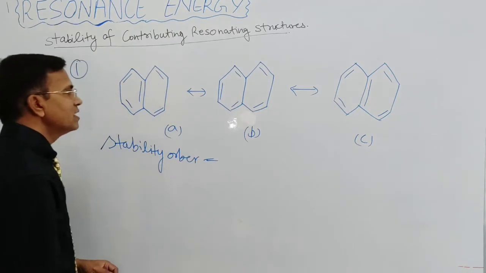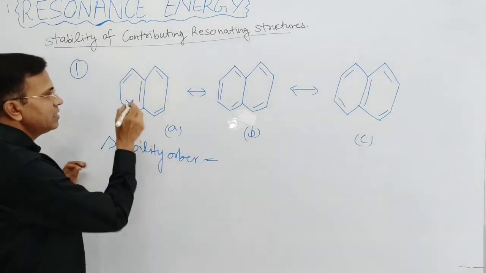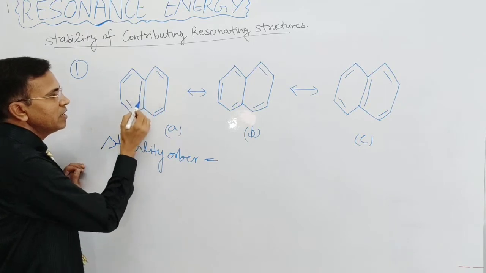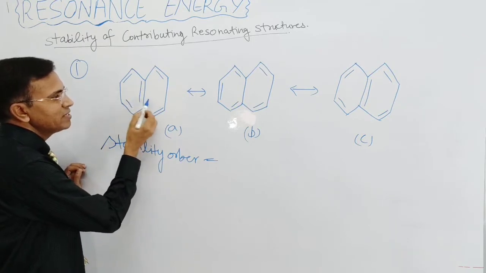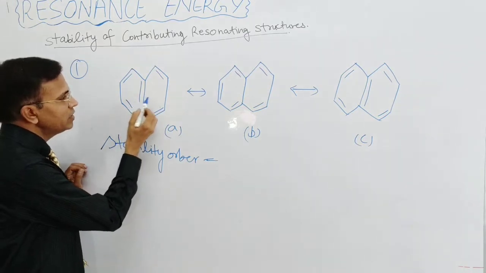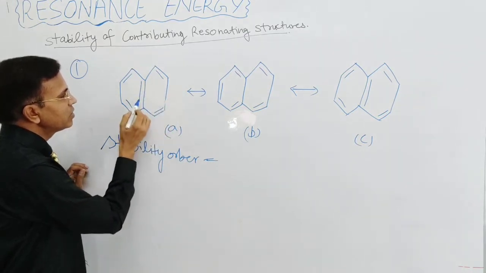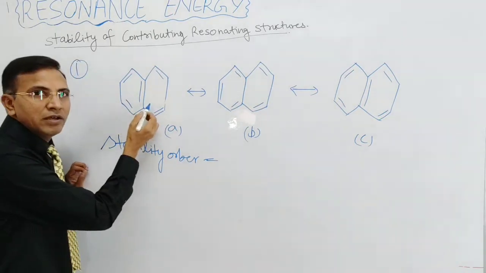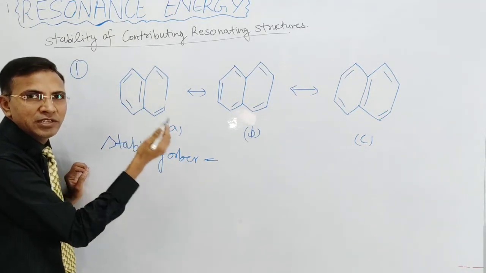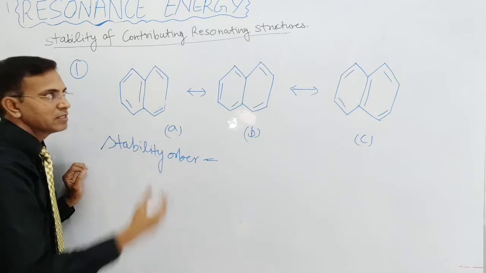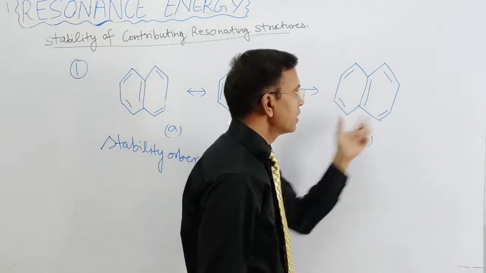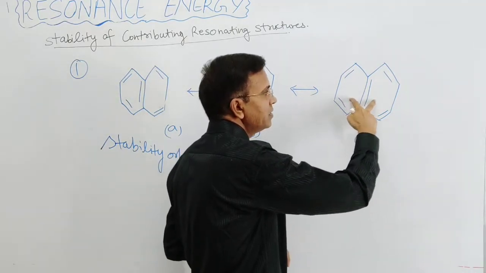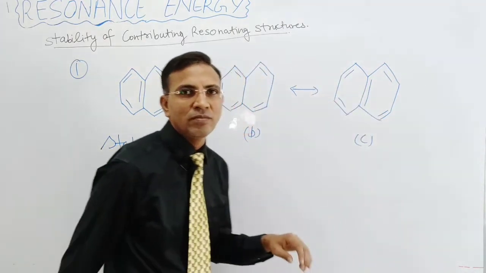So beta, in this you may clearly observe here, in this structure the pi bond is included in between the two benzene rings, means it may be included to this and it may be included to this. So both are acting as benzene ring, means more resonance. And here also the pi electrons are distributed in between both the rings.